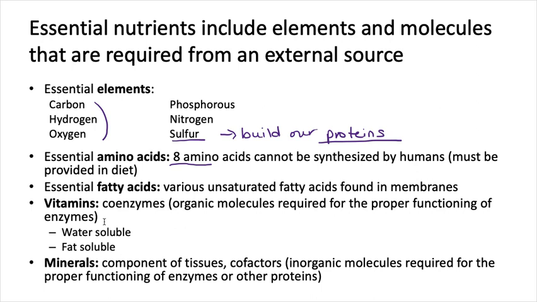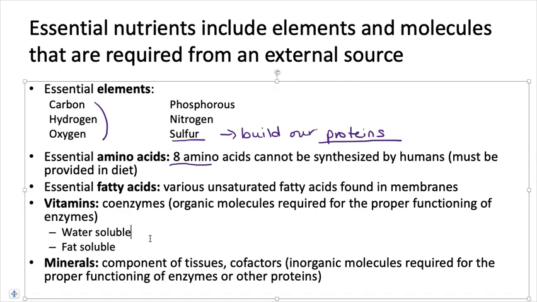And what vitamins are coenzymes. Coenzymes refer to an organic molecule or something that's required for an enzyme to function properly. And so vitamin D is important in a lot of cellular processes and a lot of enzymes. There are water-soluble vitamins and there are fat-soluble vitamins.